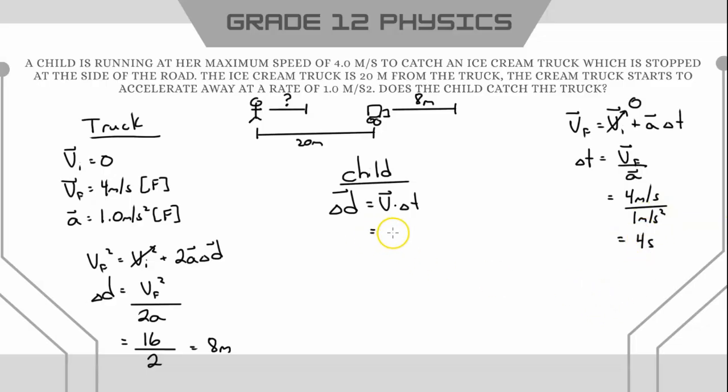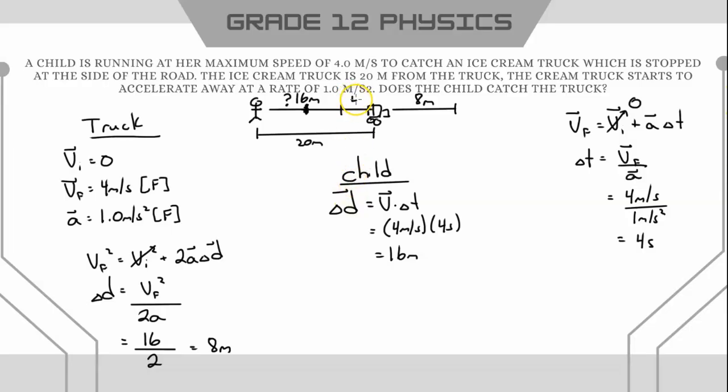So in 4 seconds, the child, moving at 4 meters per second, has moved 4 times 4, or 16 meters. So they've moved a total of 16 meters. Meaning, I should have drawn this line a little bit further. There we go. 16 meters. Meaning, it didn't even reach where the truck started from.